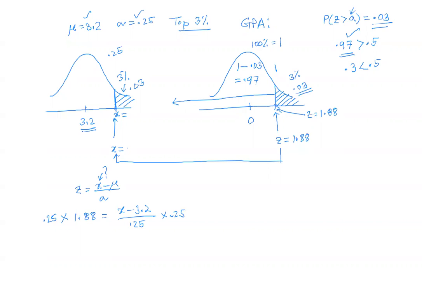The left side is, I think, 0.47, is equal to x minus 3.2. The 3.2s cancel out when you add 3.2. If you add this, you get 3.67 is equal to x. So x is 3.67.